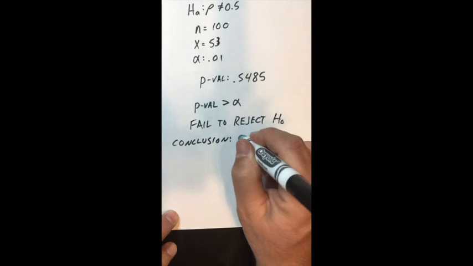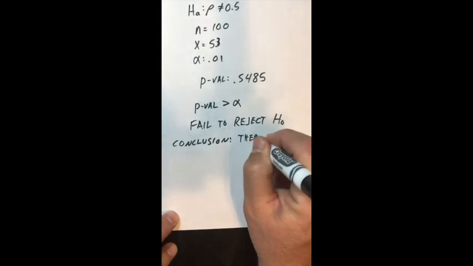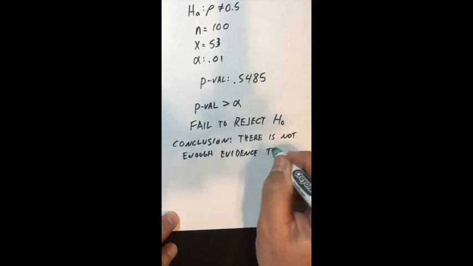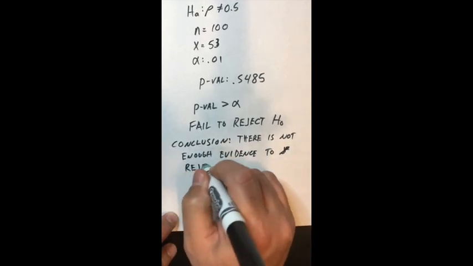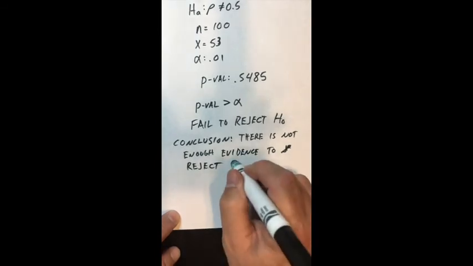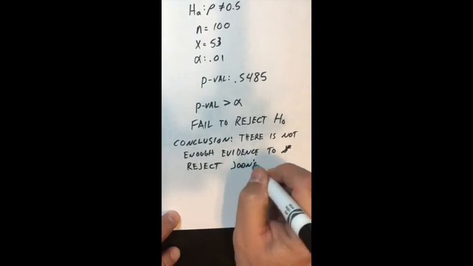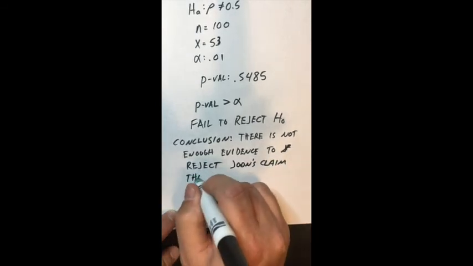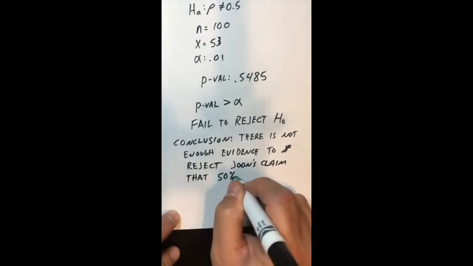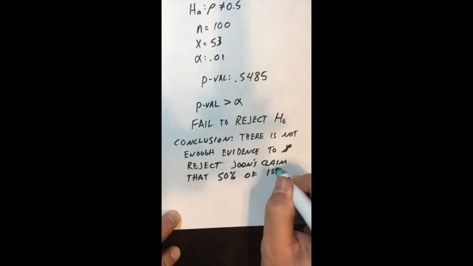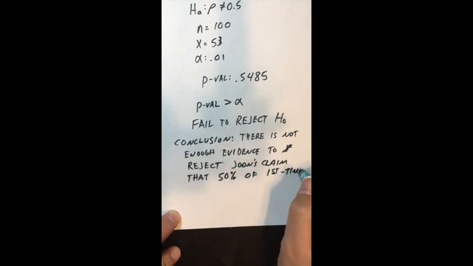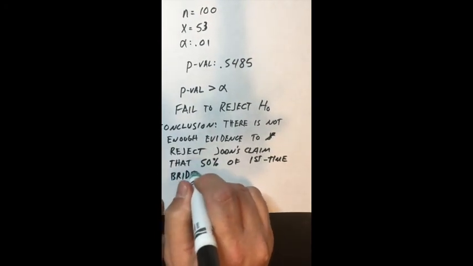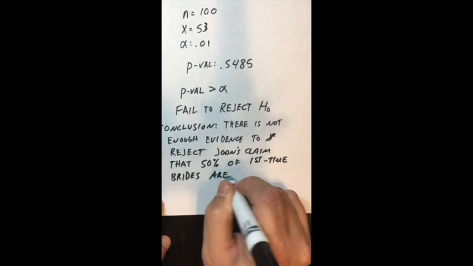So we're going to say that there is not enough evidence to reject June's claim that 50% of first-time brides are younger.